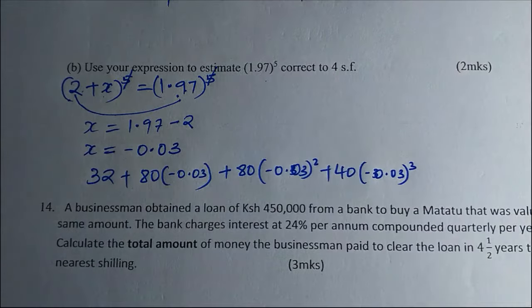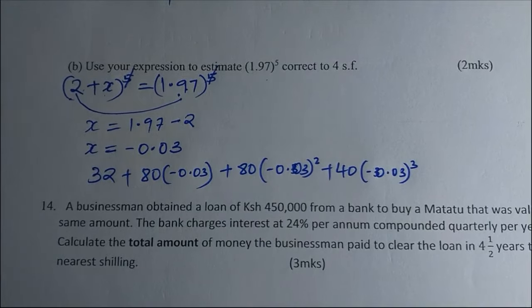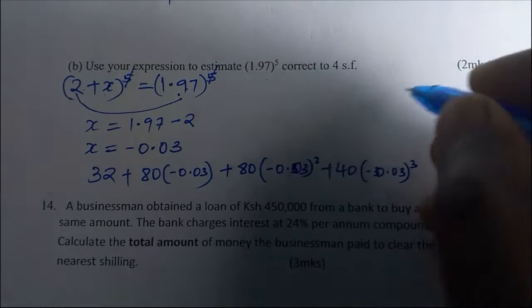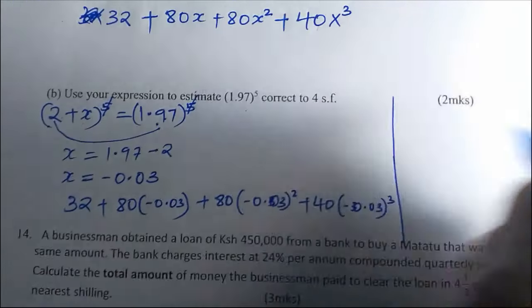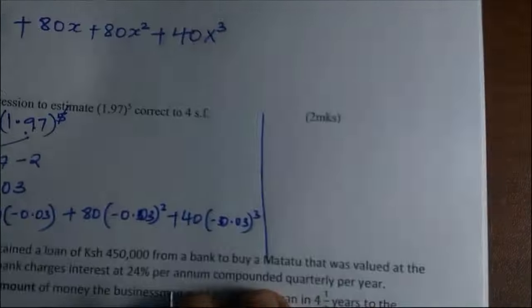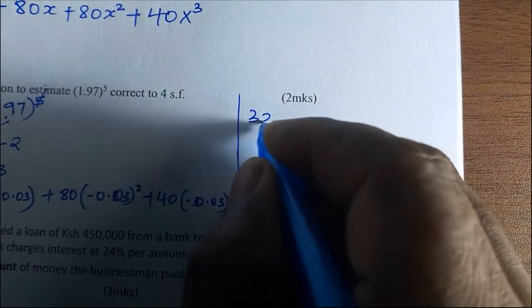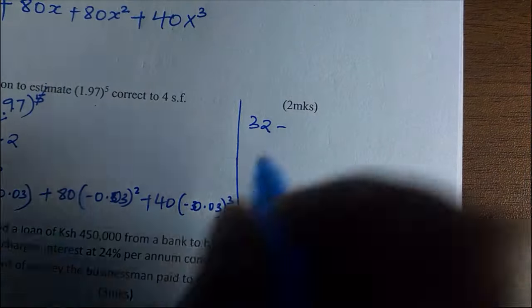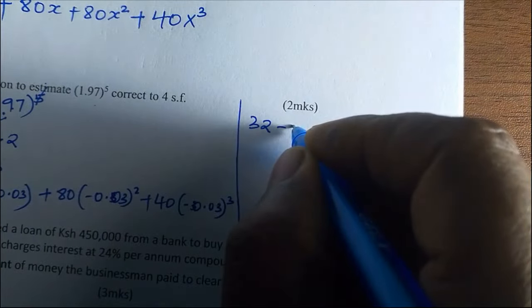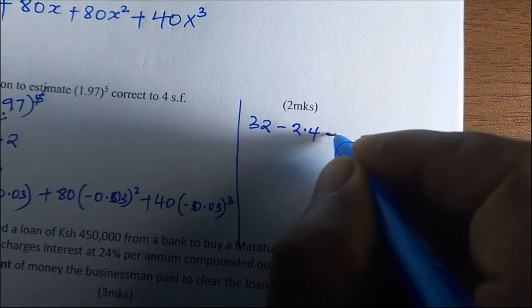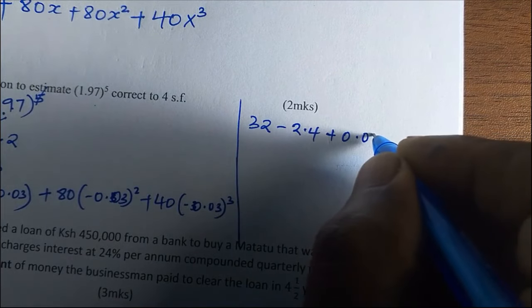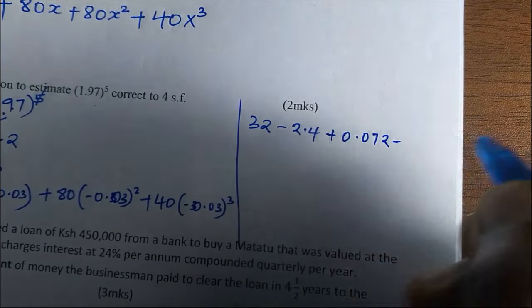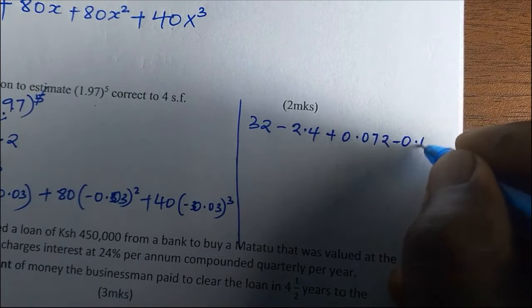Now you press your calculator, you will find that we will have 32 minus 2.4 plus 0.072 minus 0.00108.